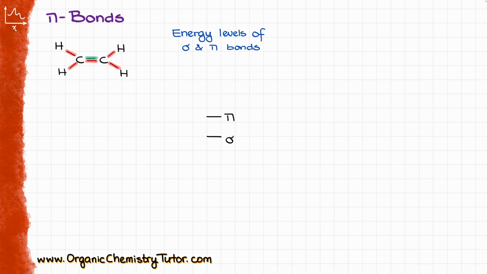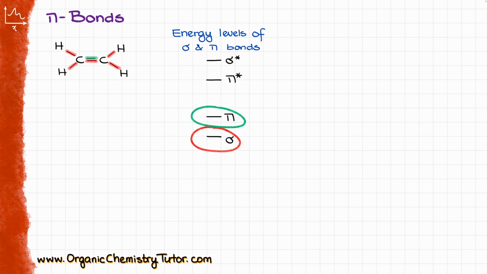Then we are going to have our pi star, which is going to be our pi anti-bonding orbital, and finally we are going to end up with the sigma star for our single bonds. So in this case, all of my sigma electrons from my sigma bonds are going to be sitting somewhere down there. The pi electrons are going to be sitting above them on that level.